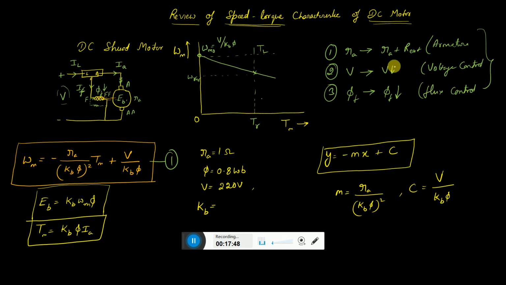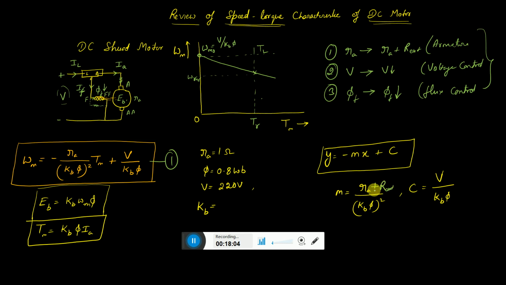Now if we add external resistance R external, what does it affect in this equation? By writing it like this, the slope is going to increase.